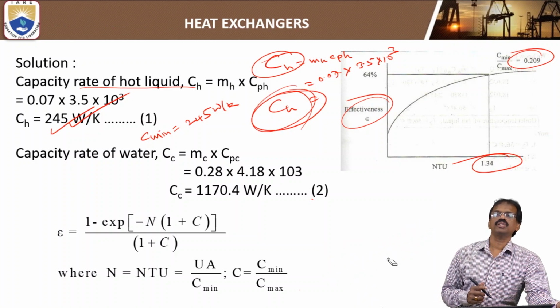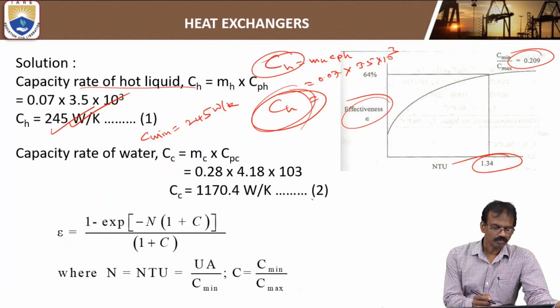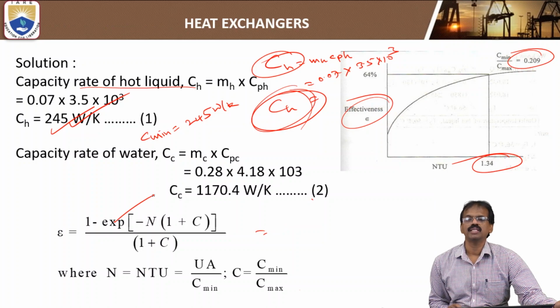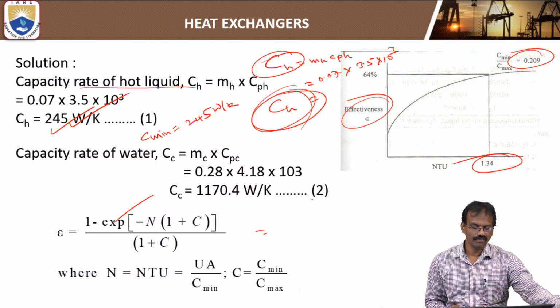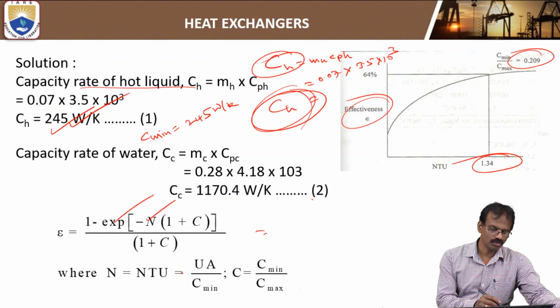The formula is effectiveness is equal to 1 minus exponential of minus N into (1 plus C), by 1 plus C. The NTU value is UA by C minimum, which we already solved, and C is C minimum by C maximum.